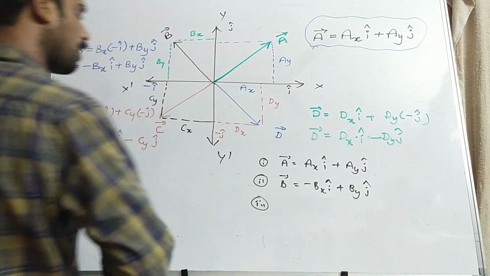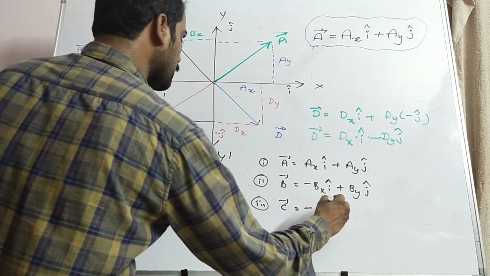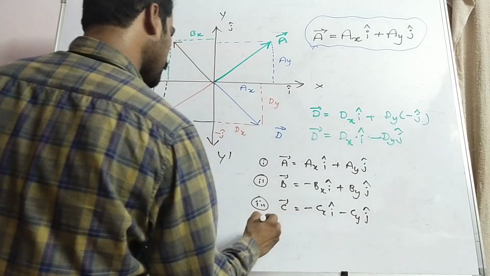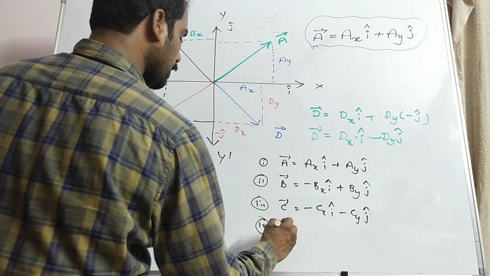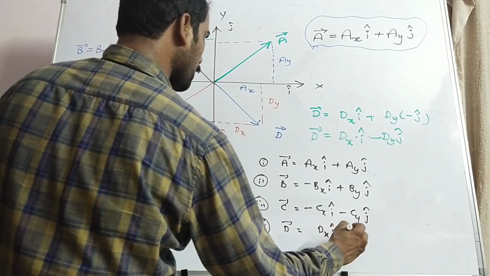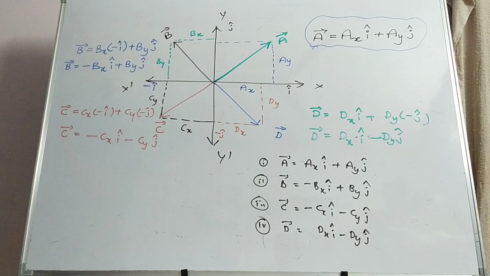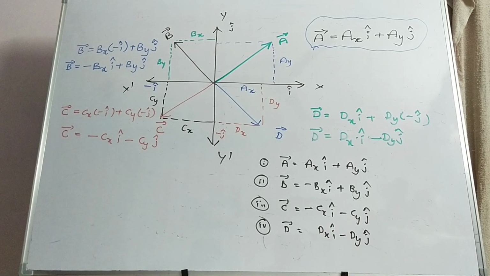Next in the third quadrant c bar is equal to, both are negative, minus cx i cap minus cy j cap. In the fourth quadrant the y component is negative, that's why dx i cap minus dy j cap. Okay, like that we have to write different vectors in different quadrants.